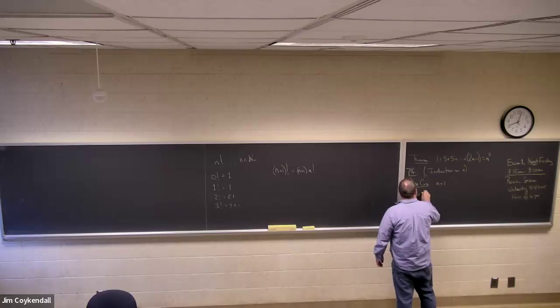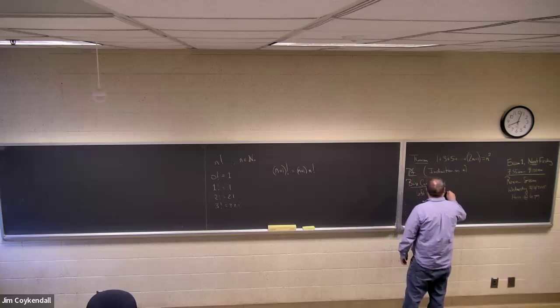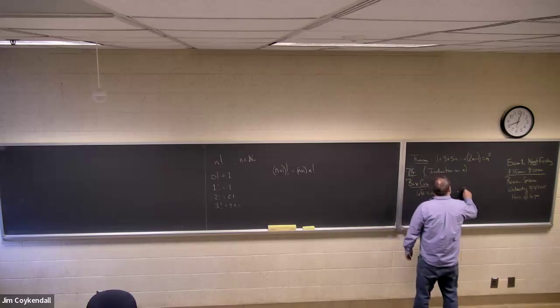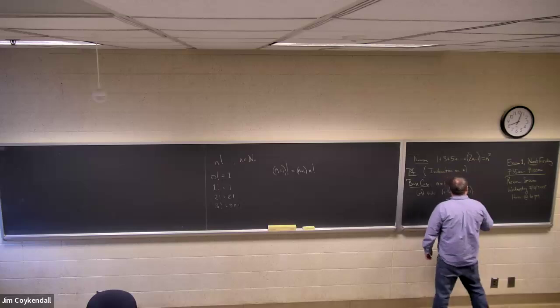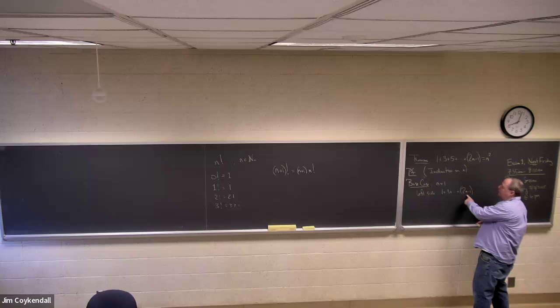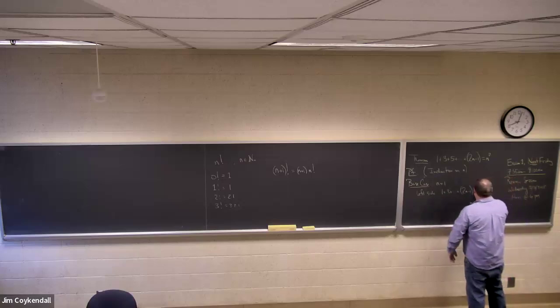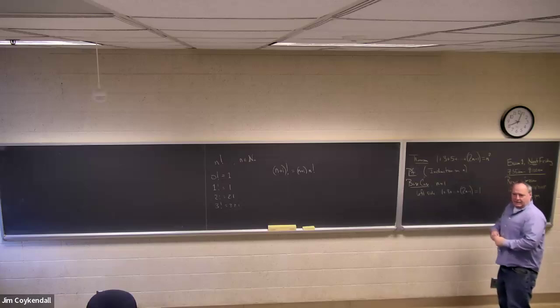The left-hand side: 1 plus 3 plus all the way up to 2n minus 1. Now this tells you where to stop. And if n is 1, where do you stop? 2 minus 1 is 1, so you stop. There isn't any of this other purple stuff, it's just 1.